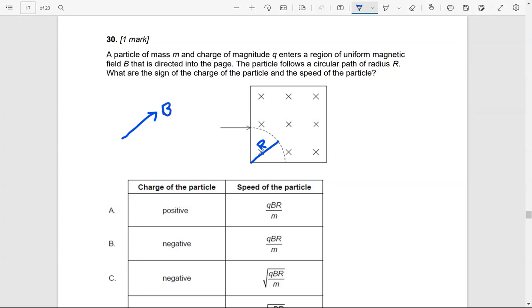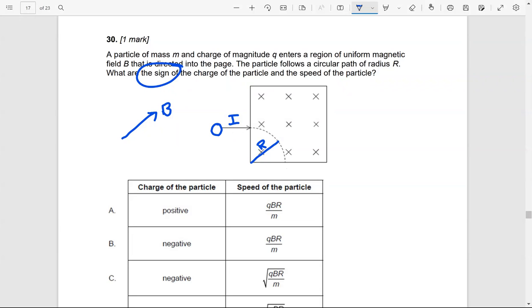Okay, so let's look at the sign first, the sign of the charge. So we need Fleming's left-hand rule. So this is the current, this is the particle. So we've got a particle here. It's positive or negative, we're not sure yet, but the charged particle is moving in this direction.